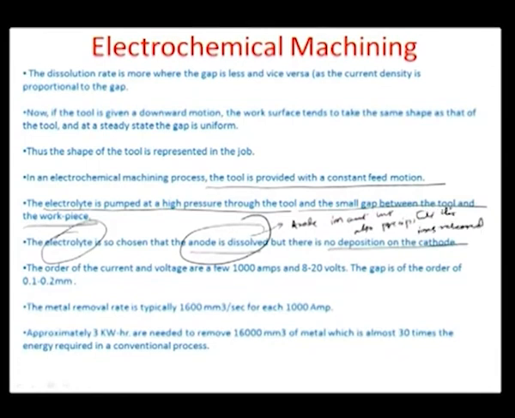So a fundamental choice in any ECM system is to first be able to identify what electrolyte would do that with what paired electrode, which would be the tool in turn.